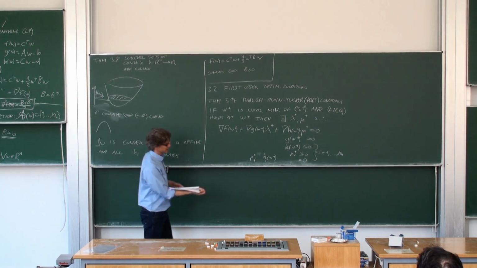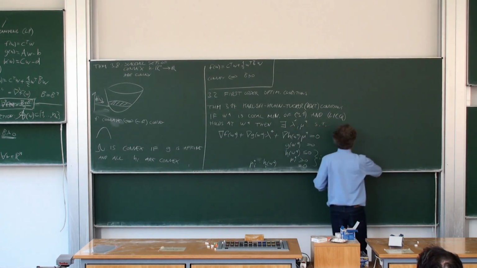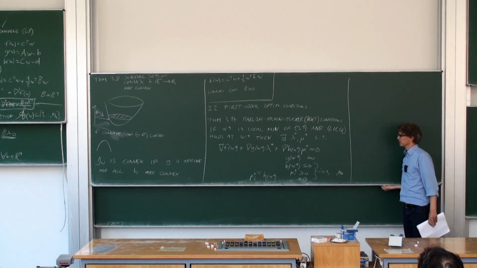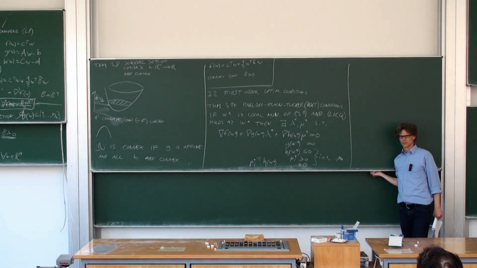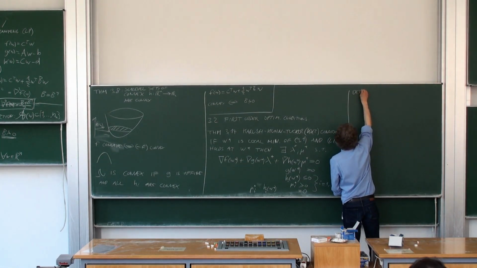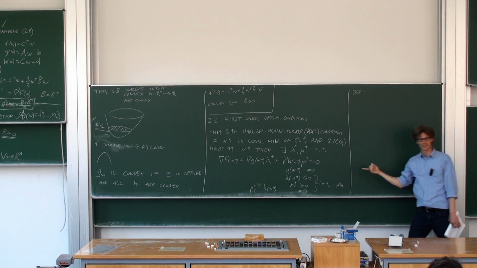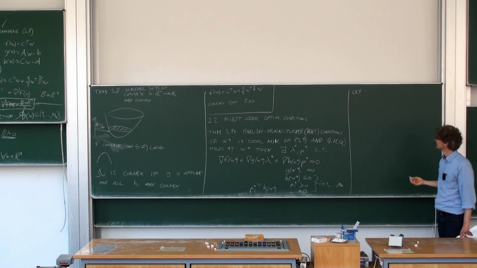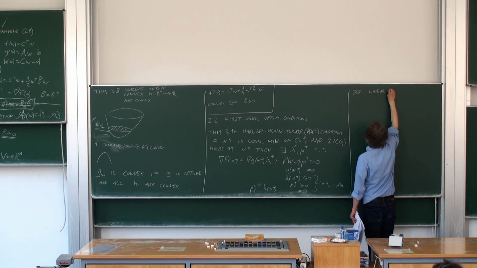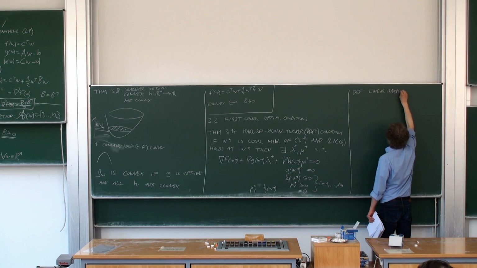And now I need to specify a few things that I used here in this definition. And the most important is, I think, LICQ. So what is LICQ? Before I can even understand this theorem, I need to understand what is LICQ. So LICQ is linear independence constraint qualification.